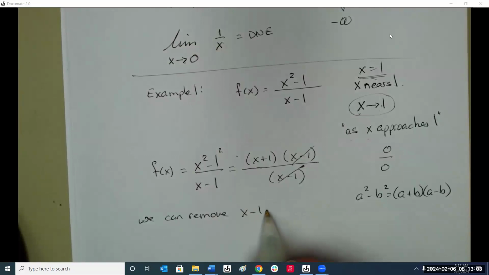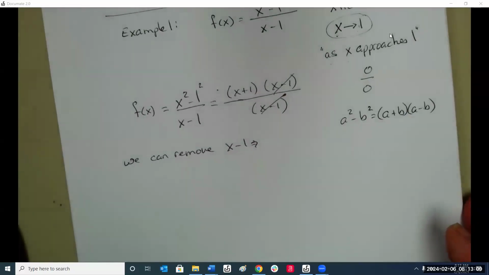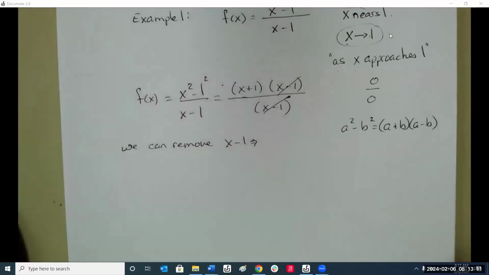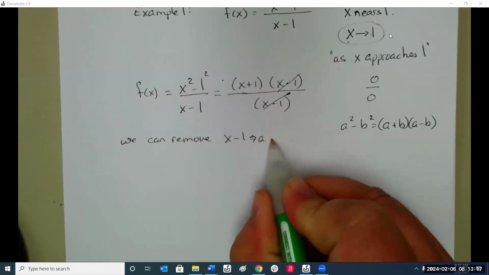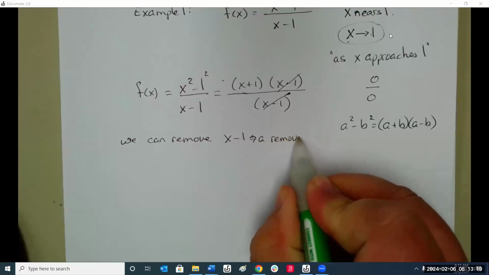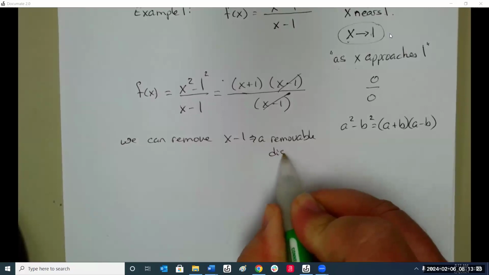You know what that's called? But what happens at 1? It's discontinuous, right? So this is called a removable discontinuity.